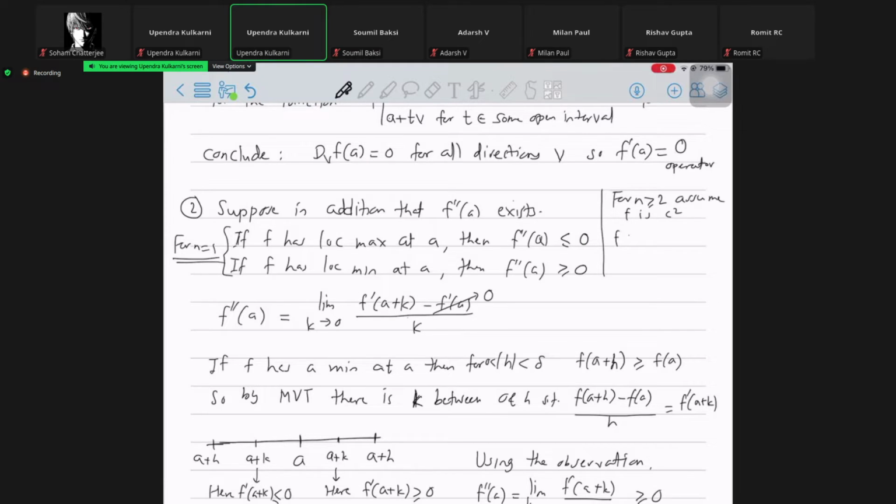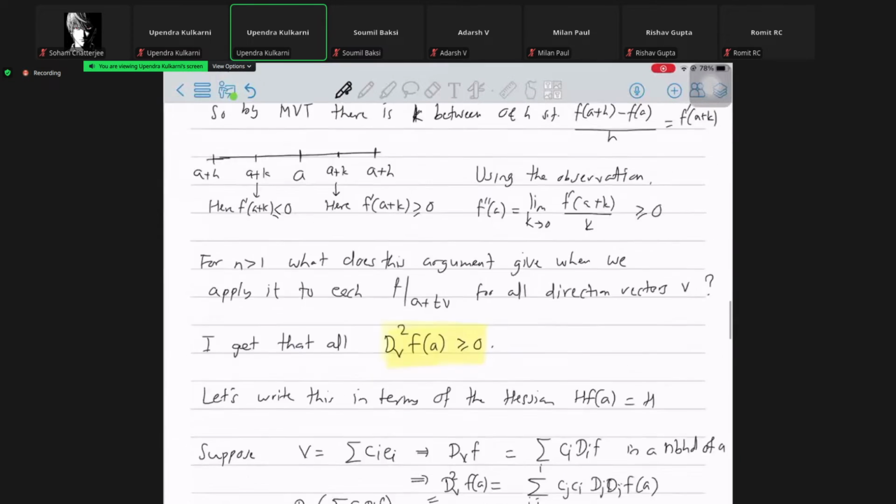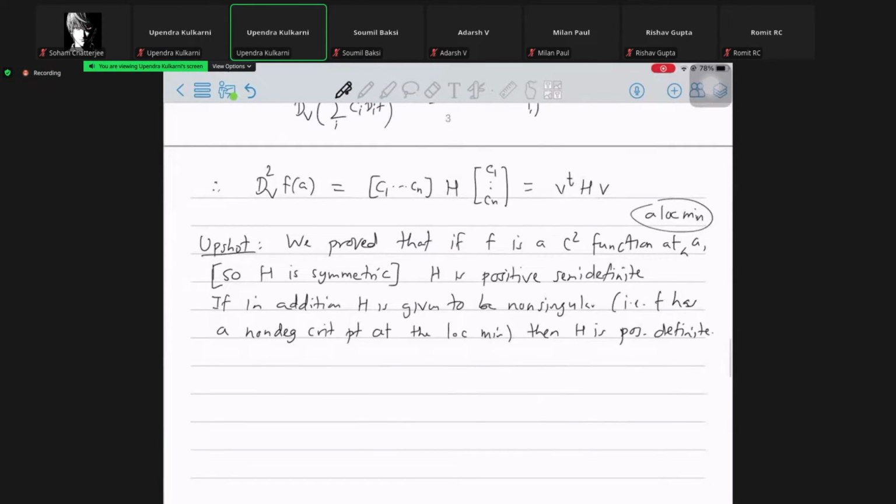For a maximum, H is negative semi-definite, and here I get H is positive semi-definite.